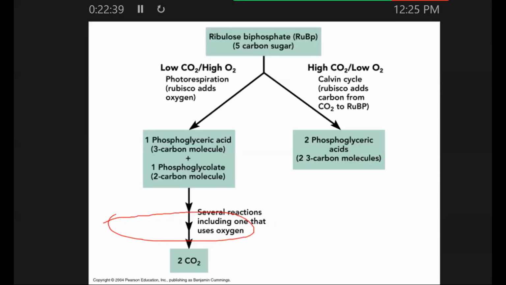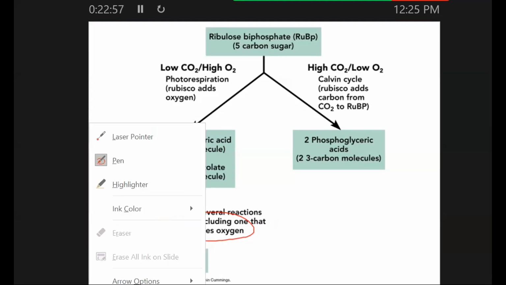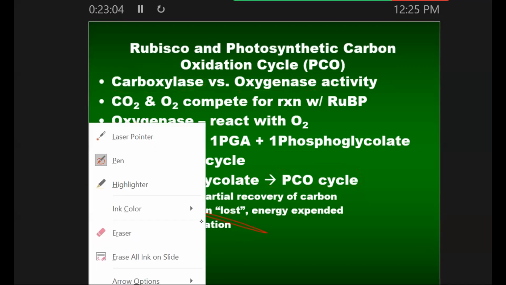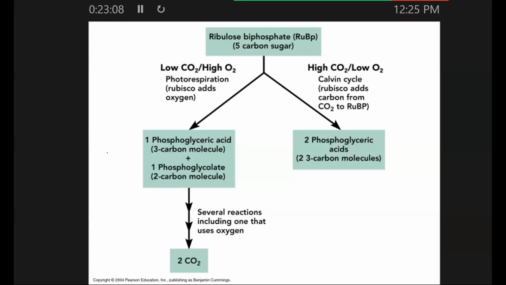Let's look at a flow chart to try to get this in context here. So here on the very top, you see the 5-carbon sugar, RuBP. And they're saying, let's go off to the right.